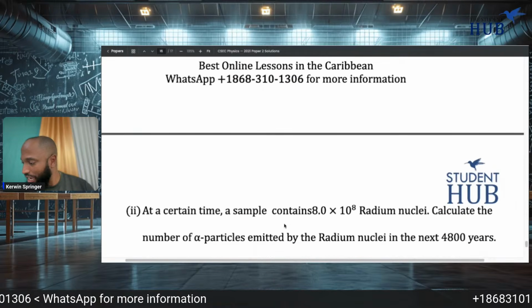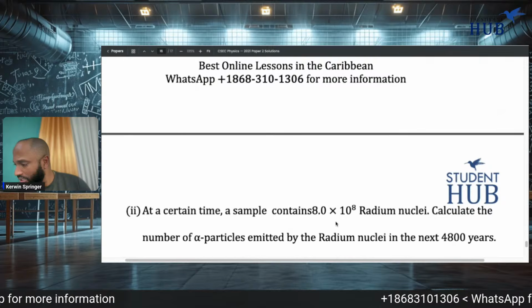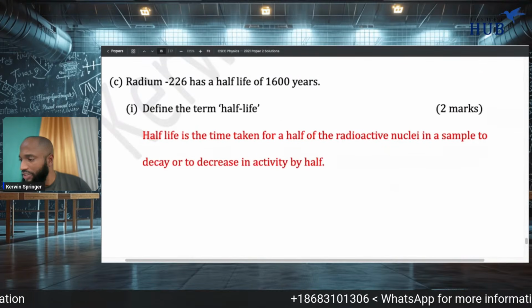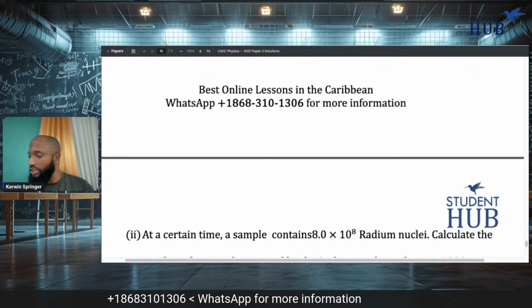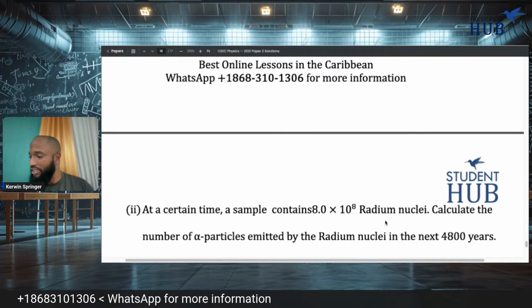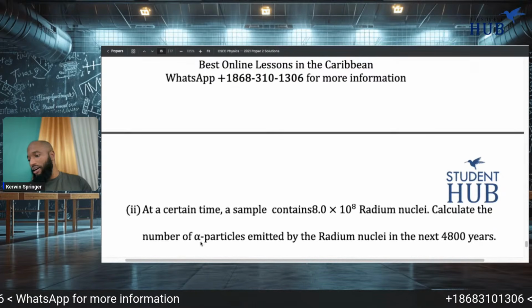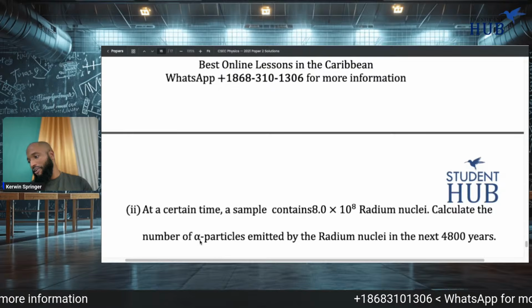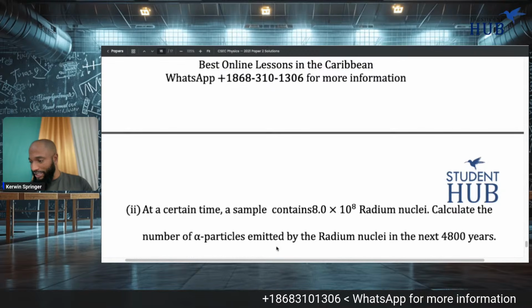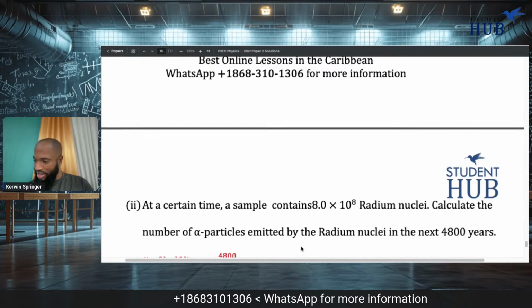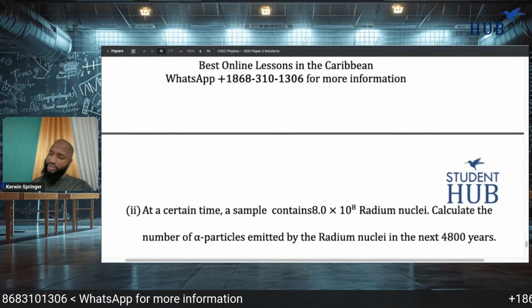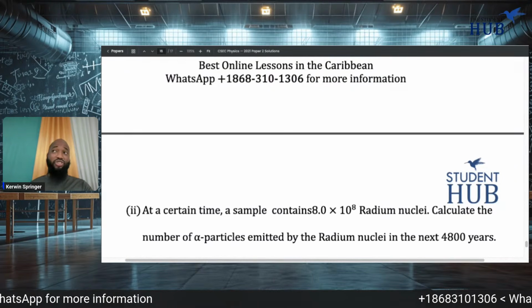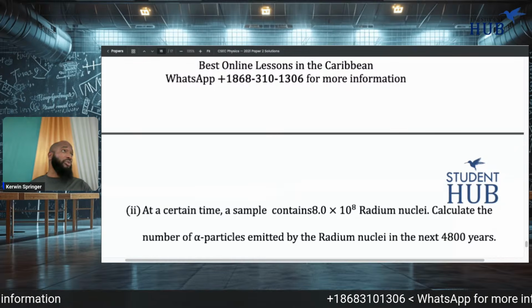At a certain time, a sample contains 8.0 times 10 to the power of 8 radium nuclei. They give us the half-life already, right? It's 1600 years. Everybody, see if you can do this question. Calculate the number of alpha particles emitted by the radium nuclei in 4800 years. That's a tricky question. This is the trickiest way it has come.